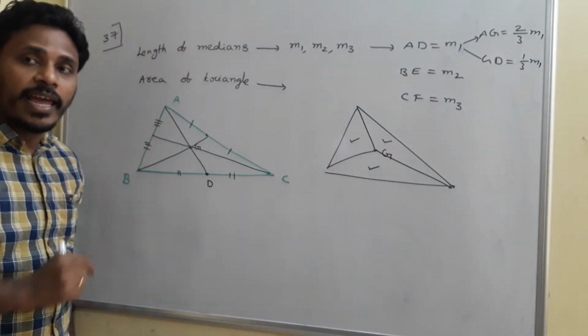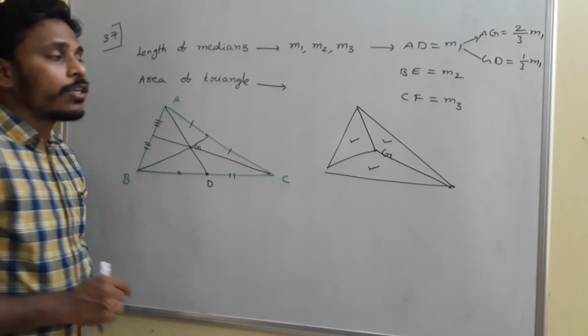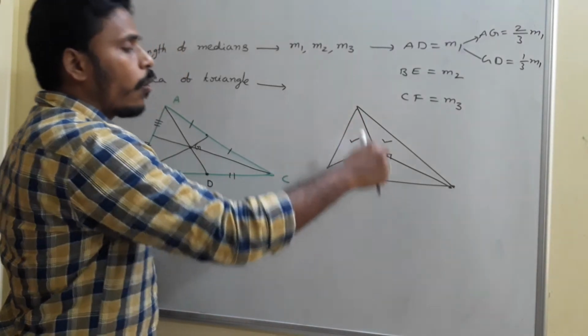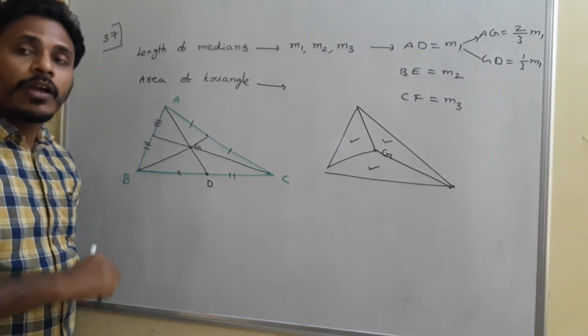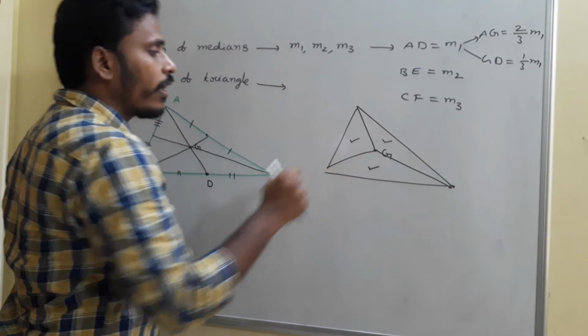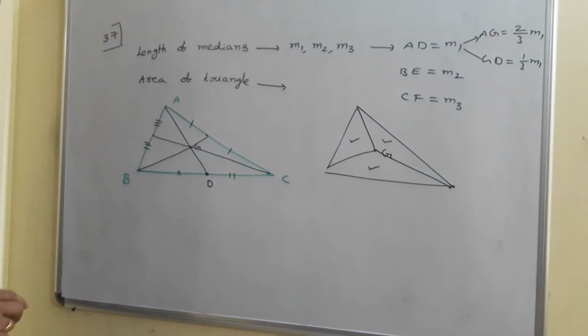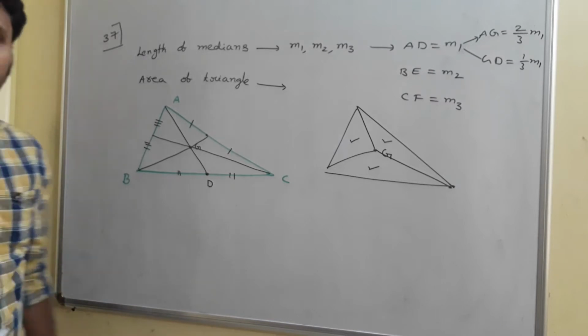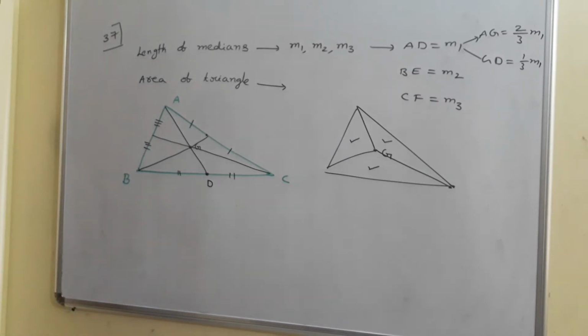So one area is 1/3 of the total area, or the total area is 3 times any one area. I am going to utilize this situation.